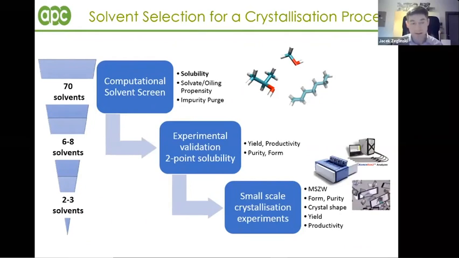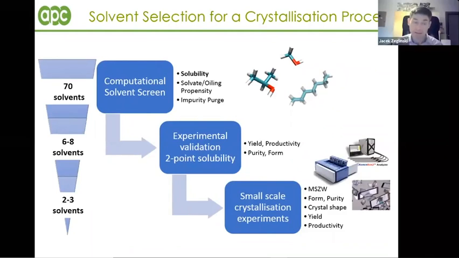Usually we start from around 70 solvents, which we screen computationally, and we look for solubility and temperature dependence of solubility, propensity for solvate formation or oiling, and the capability of impurity purging of those solvents.